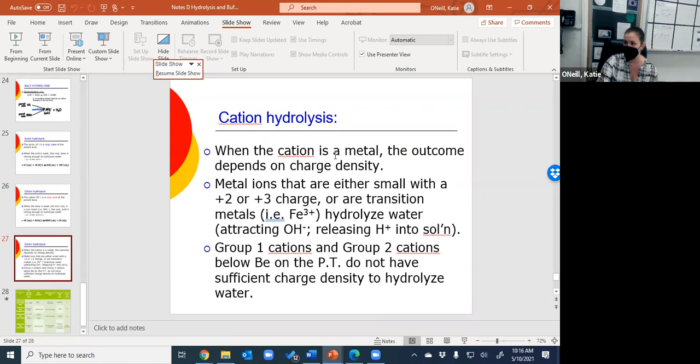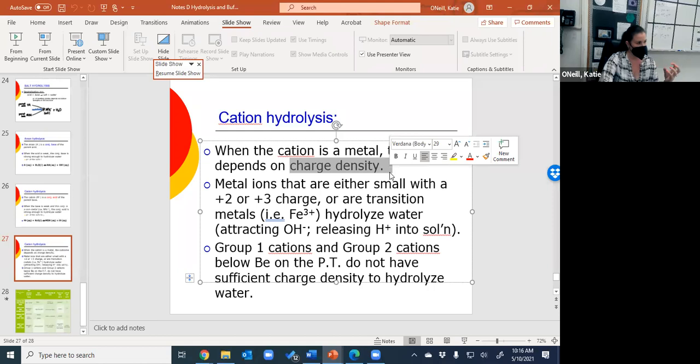Cation is the metal. There is a little bit of a complication. Big surprise, transition metals are a pain in the butt. So whenever it's a metal, it does kind of depend on how big the metal is. So they called it charge density here, so how compacted the charge is, which has to do with size, right?